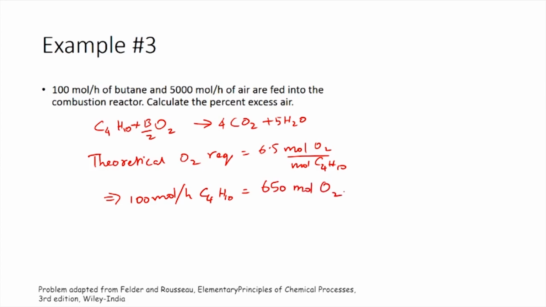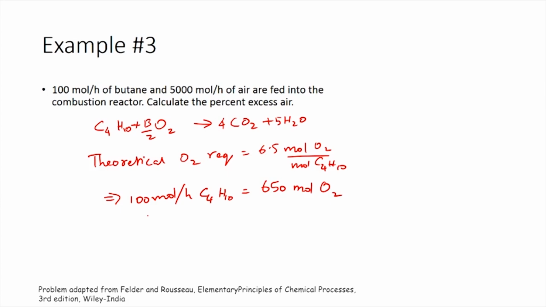In this case you have 5000 moles of air supplied per hour. So, what does 650 moles of oxygen represent? Air contains oxygen and nitrogen. We will assume a composition of 79% nitrogen and 21% oxygen. So, the theoretical requirement of oxygen is 650 moles per hour.